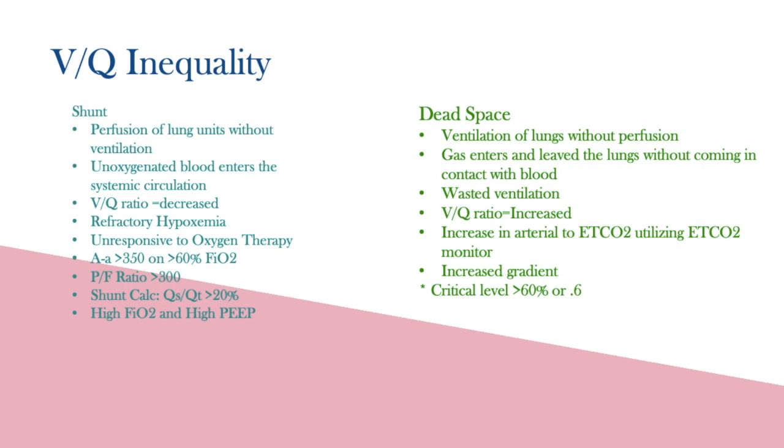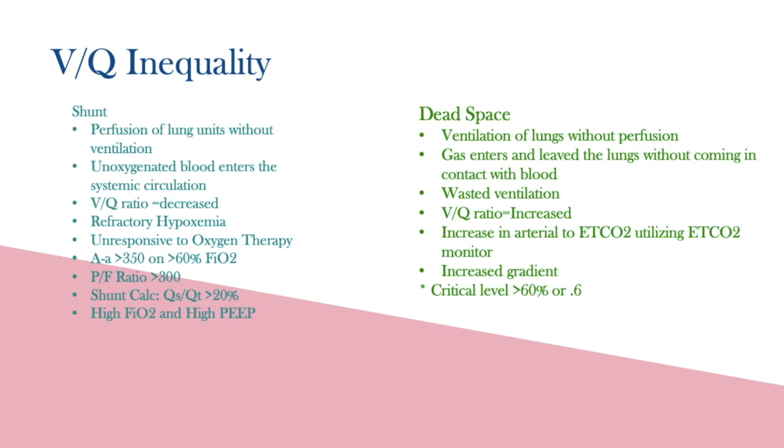Dead space is a pathological condition which results when the alveoli of the lungs are ventilated as normal, but perfusion fails to supply the ventilated regions. In other words, ventilation of the lungs without perfusion. Gas enters and leaves the lungs without coming in contact with blood, and the VQ ratio is increased.